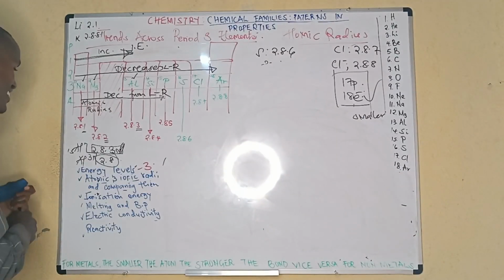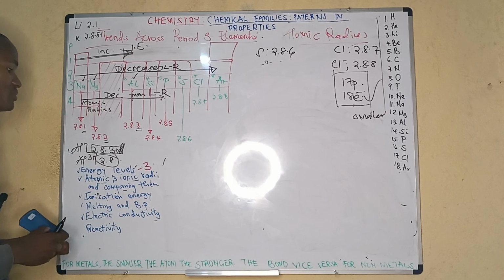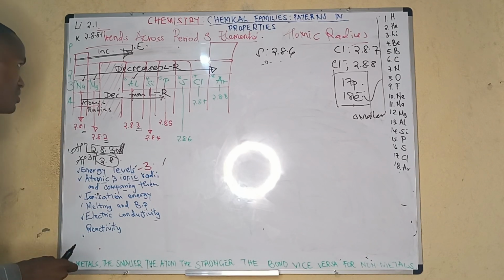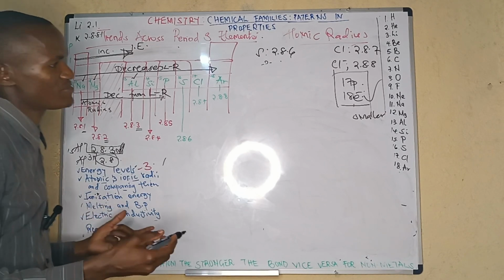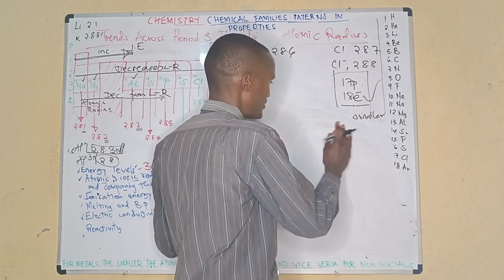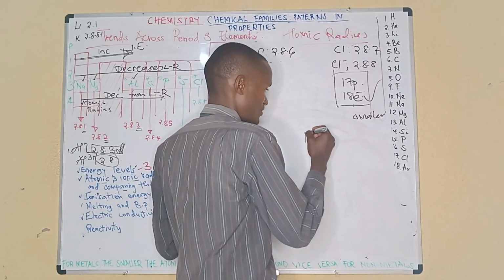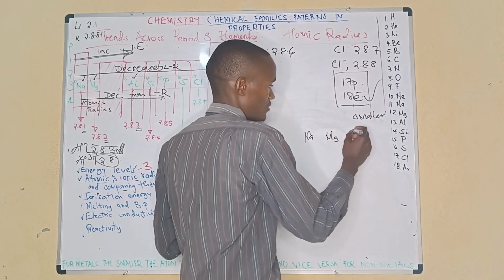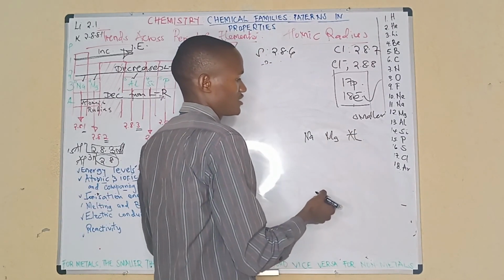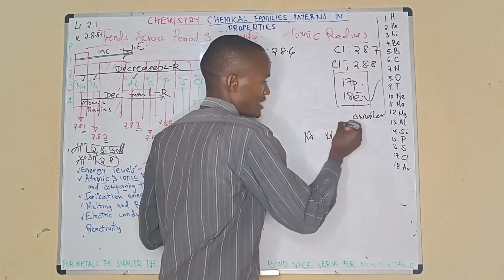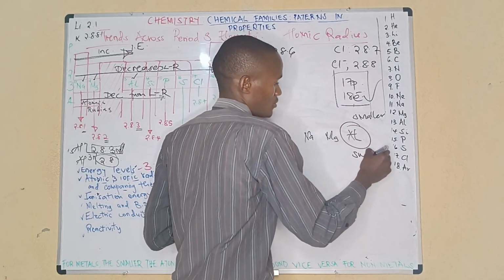So, done with ionization energy, let's go to melting and boiling points. Melting and boiling points of these, the same idea, so we won't dwell so much on that. We have sodium, magnesium, and aluminium. We said that this one has a small atom.